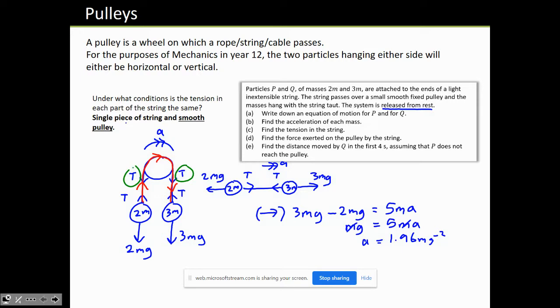But in order to find the tension in the string, we do need to consider one side only.